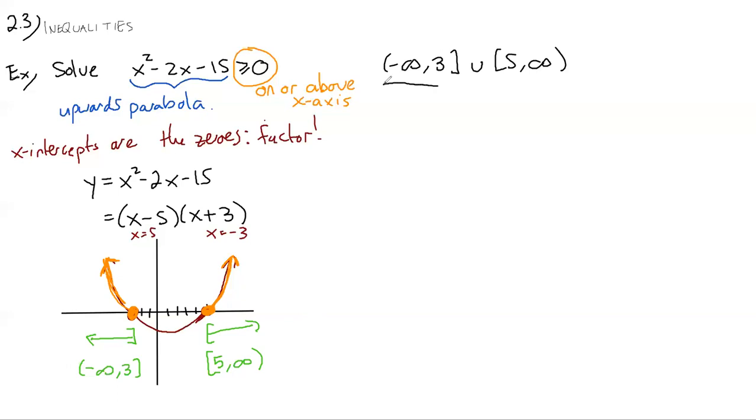And so everywhere in those regions, I should get something that's greater than or equal to 0. You could try it. For example, 6 is in that region. If I plug 6 in, I will get 36 minus 12 is 24, minus 15 is 9. It's bigger than or equal to 0.